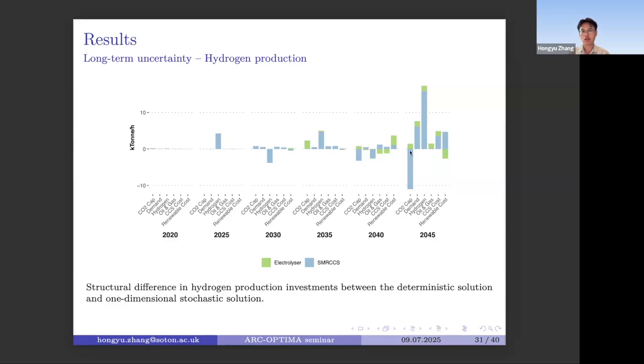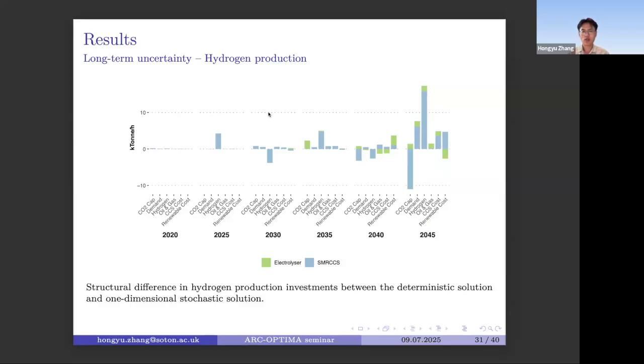Although some electrolyzers compensate for this reduction in SMR-CCS capacity, it's not fully compensated.